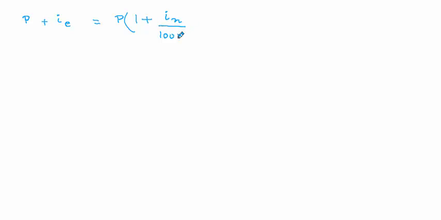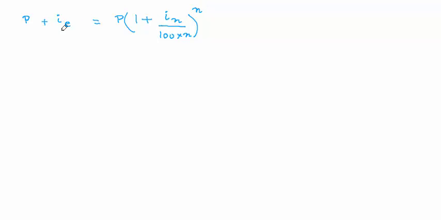More importantly, divided by n, raised to the nth power, where n is the number of times it's done in 1 year. So if this is the nominal rate of interest annually, you got to divide that with n to find the rate of interest to be applied for each period. And because it's being done n number of times each year, we want to raise it to the nth power.